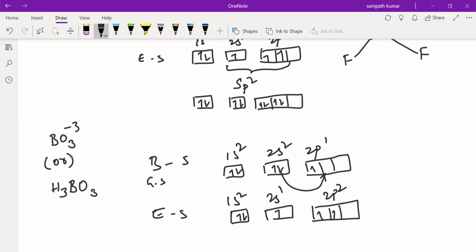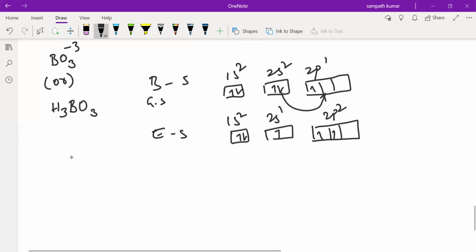Okay, and what is happening here? We are donating these three. -3 is there now, in BO3 -3, and the electrons are donating towards this molecule.